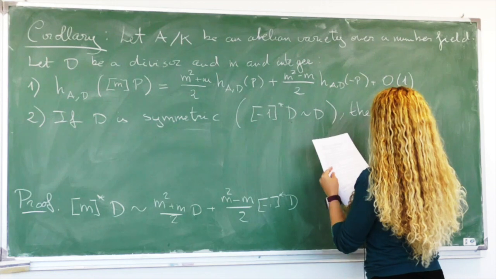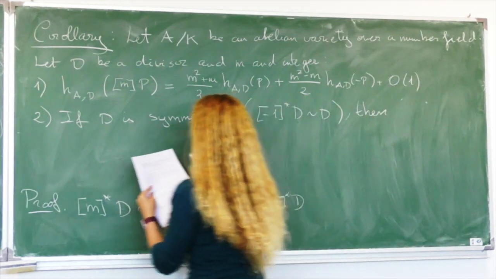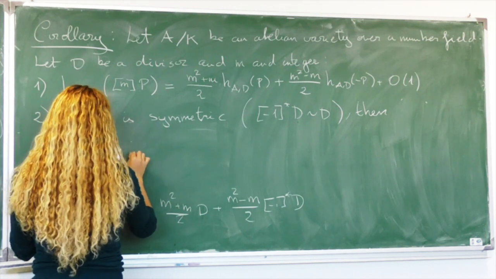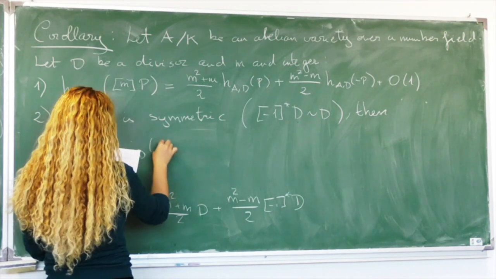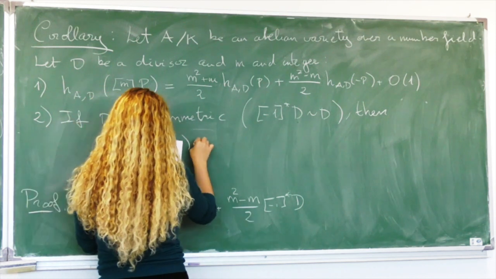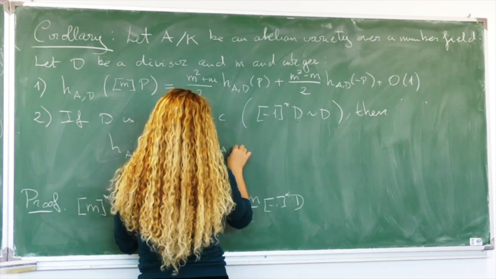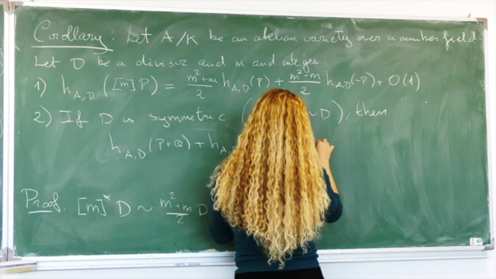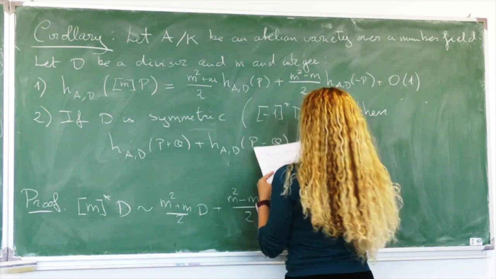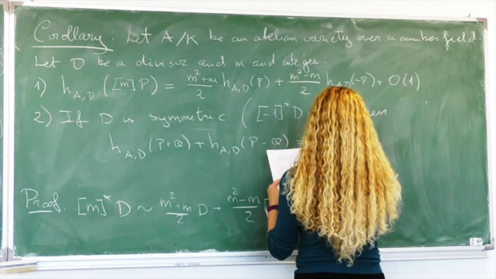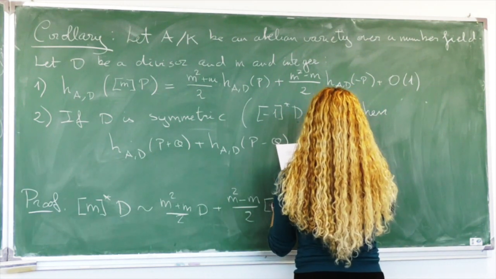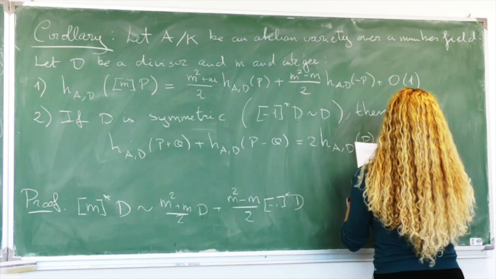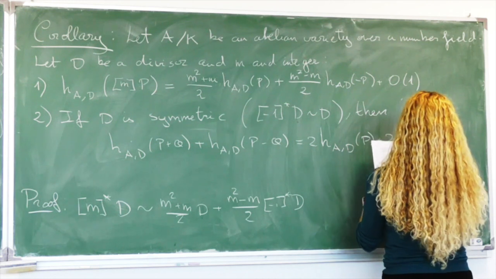Then we have that the height of D at P plus Q plus this other height is equal to this, twice. So this is like a parallelogram equality. And of course, we always have those things up to a constant.